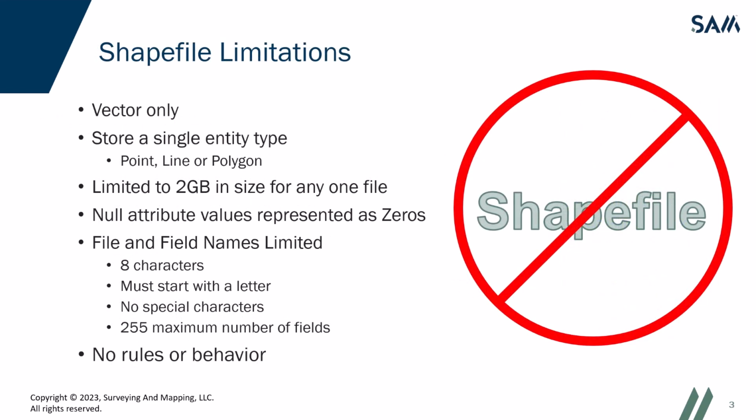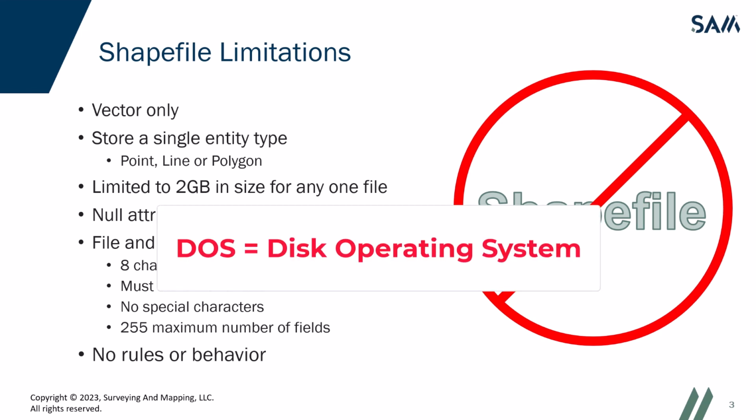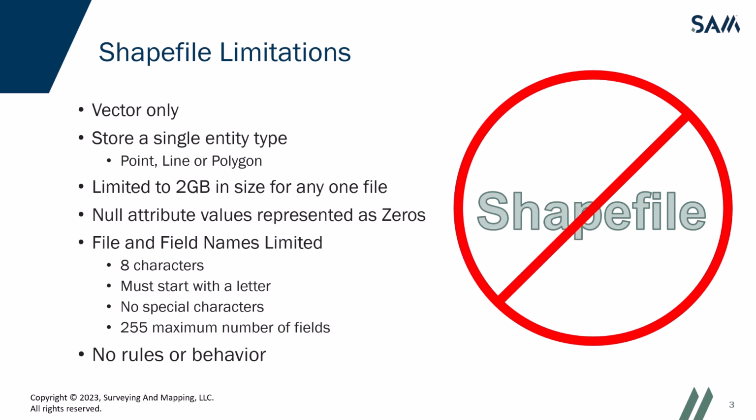Now, several times I've mentioned that shapefiles have limitations. And they do, because they are built on old technology, such as DBase 4 that we've talked about. We have to think back to what computers were like back in the 1990s. I bought my first computer somewhere around 1994. And I remember things like it was DOS based with Windows 3.1.1 running on top of DOS.